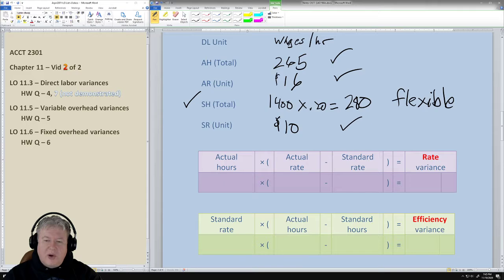So let's go ahead and throw it in here. And note again that it's not price variance, it's rate variance. It's not quantity or hour variance, it's efficiency variance. But otherwise, the terms map out the same. So we have 265 times the actual rate of 16 minus 10. Even before I calculate it, the actual rate was much higher than the standard rate, right?